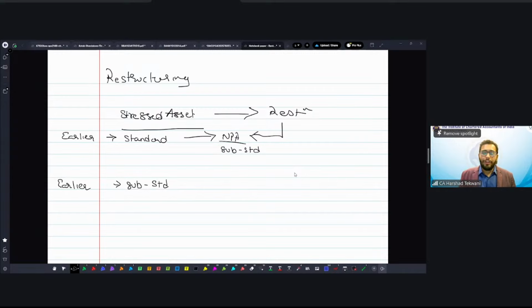So a restructuring was done for the substandard asset. Now what category will you give after the restructuring? Same for the doubtful. What category will you now give if it was earlier doubtful?